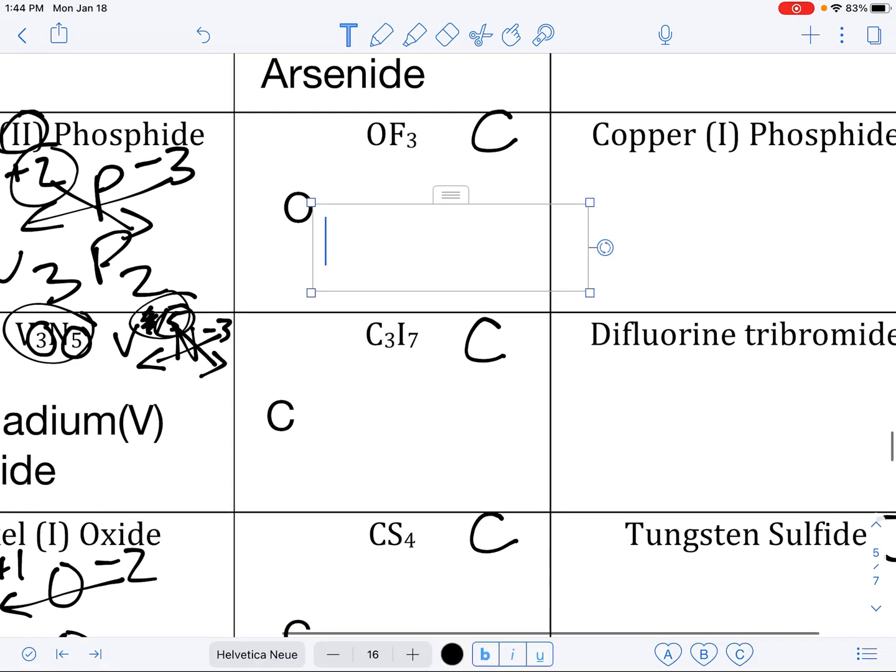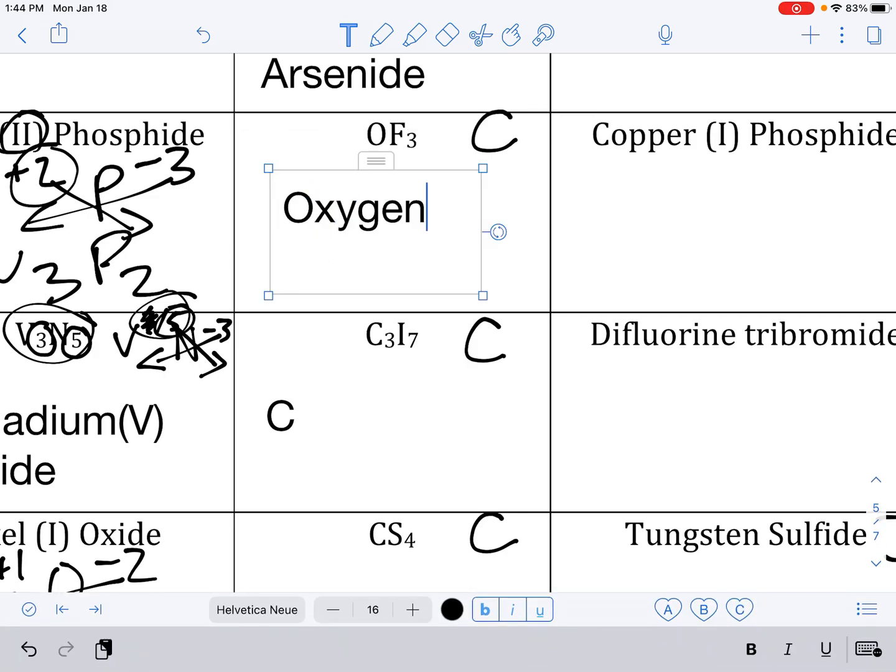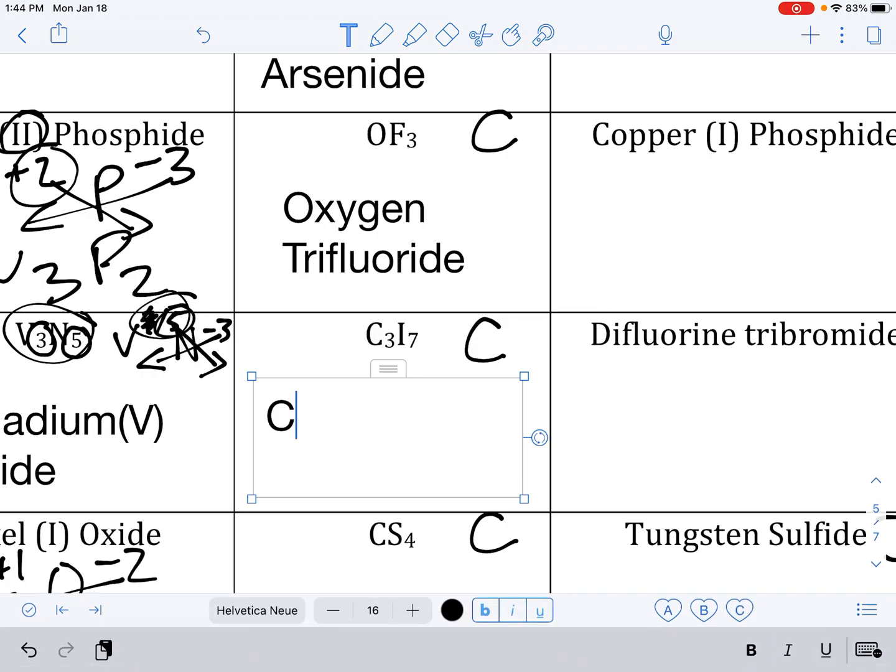My last 3 are all covalent, which means it's prefixes. So I don't say monooxygen, I just say oxygen, and then it's trifluoride. Okay. Here, I have 3 carbons, so I have to say tricarbon.